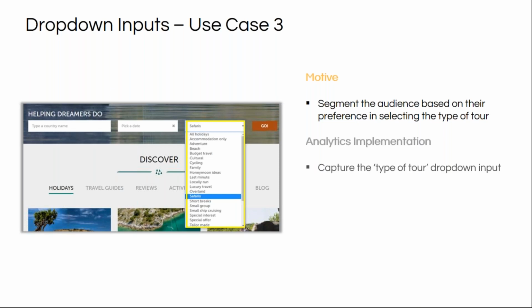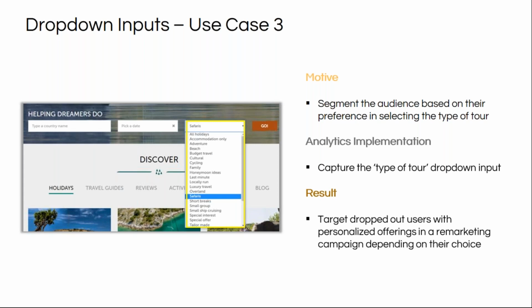If we can capture the type of experience that he is searching for, at the end we can target them with a remarketing campaign, specifically targeting that safari experience with a package. The interest will be high because we are not triggering generic remarketing. We are sending a personalized message based on his interest.